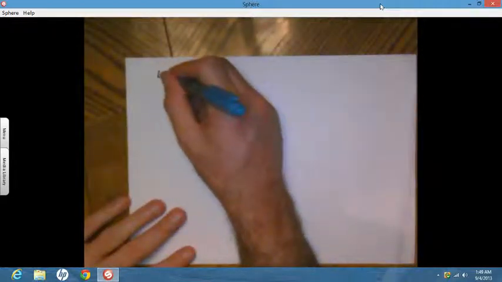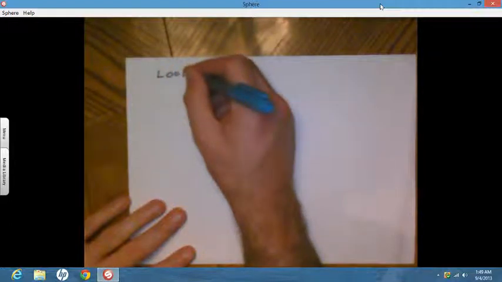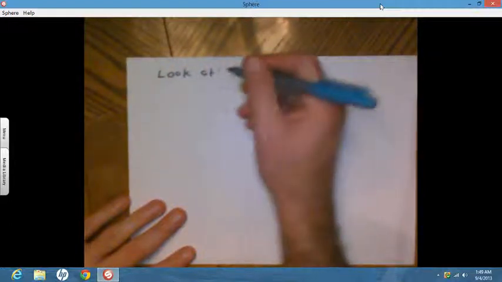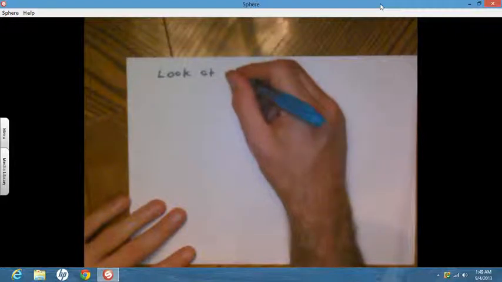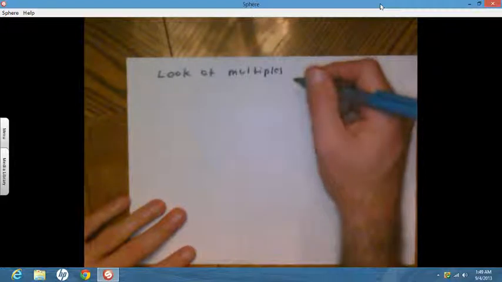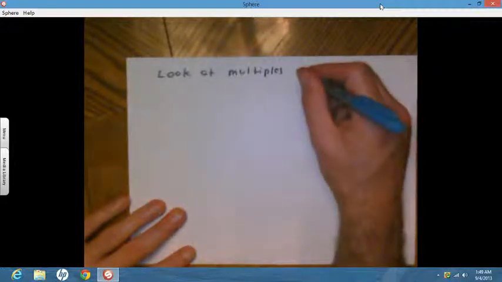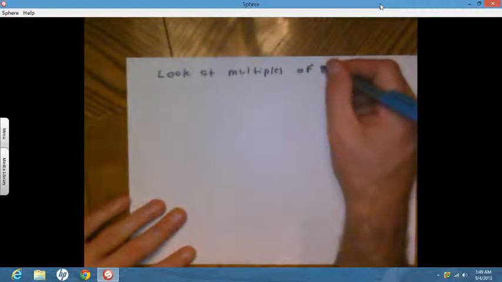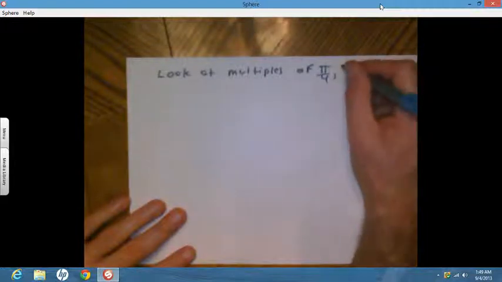We're going to look at multiples and negatives for pi over 4, pi over 6, and pi over 3.